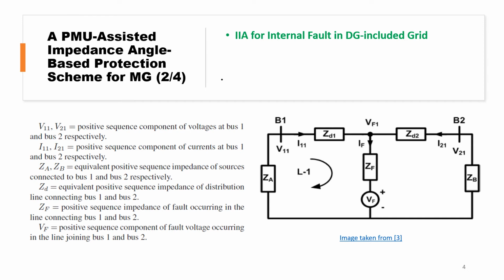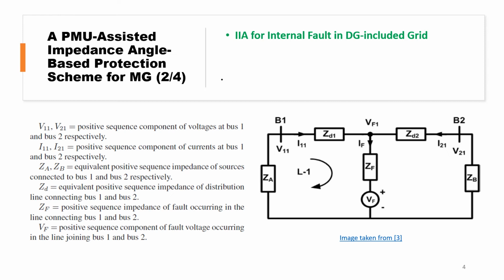Z sub D is the equivalent positive sequence impedance of the whole distribution line from B1 to B2. This distribution line has impedance ZD, and it is divided into two parts, ZD1 and ZD2. What is V sub F?